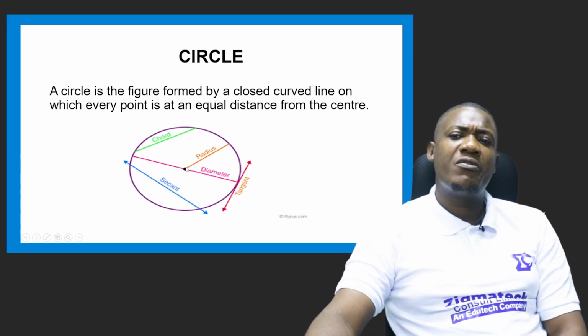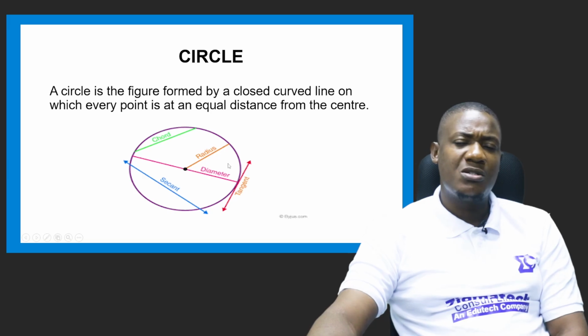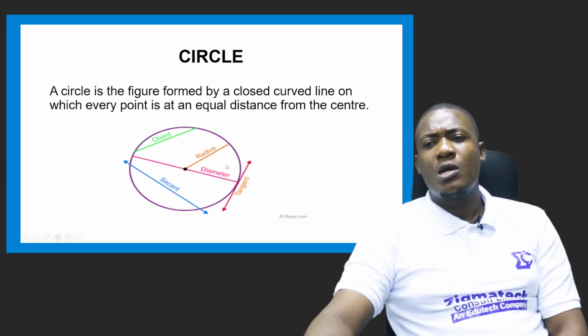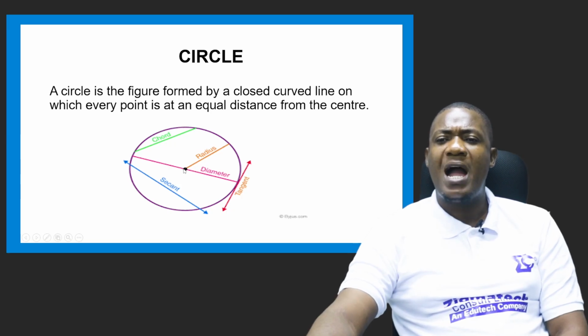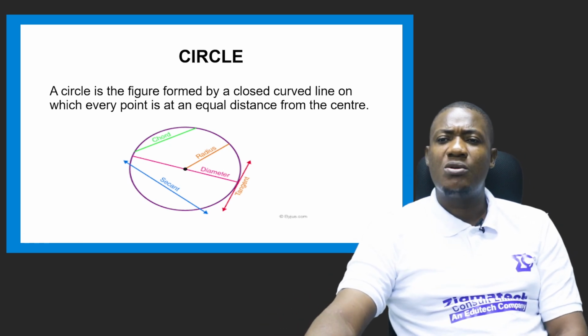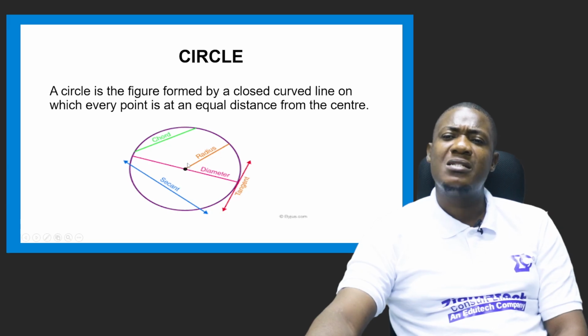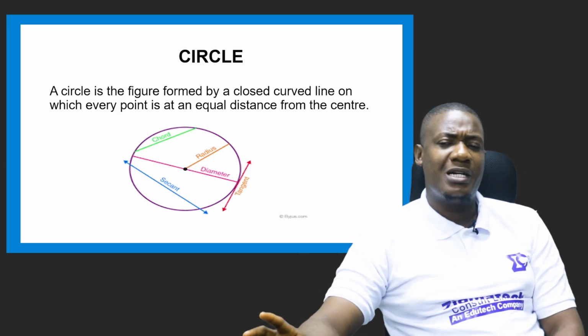Now, when we have, for example, the distance from this point to this point, and we have an angle made between them, this part of the circle is called a sector. But if this circle is divided into four parts from the center, such that each part makes an angle of 90 degrees, then that part formed is called a quadrant.